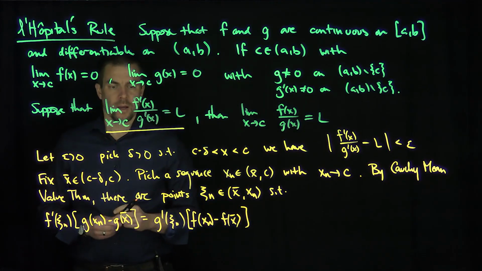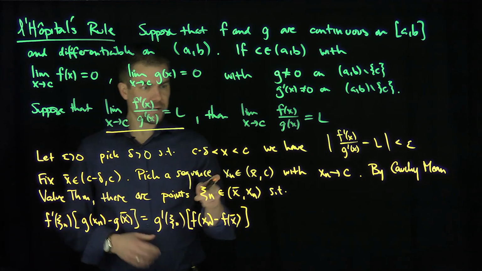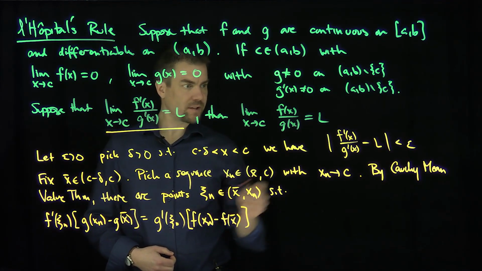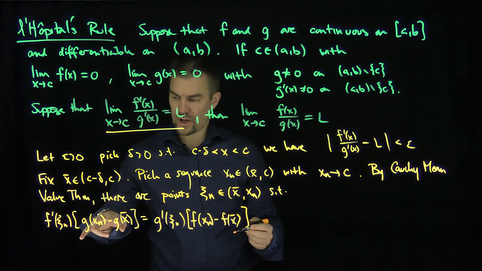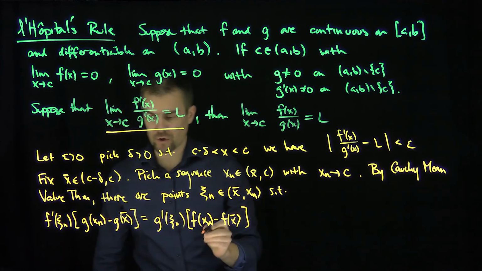Good. And now, what do I know? I know that these c_n reside between C minus delta and C, so I can do this division over here, and I know that g of x_n minus g of x bar is not equal to 0, right? So there's not going to be a vanishing over here.